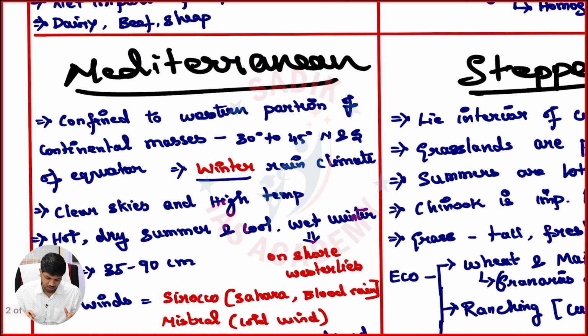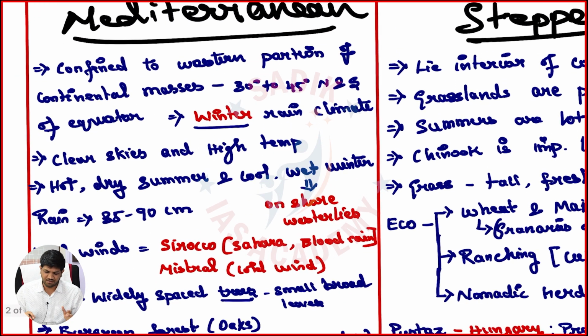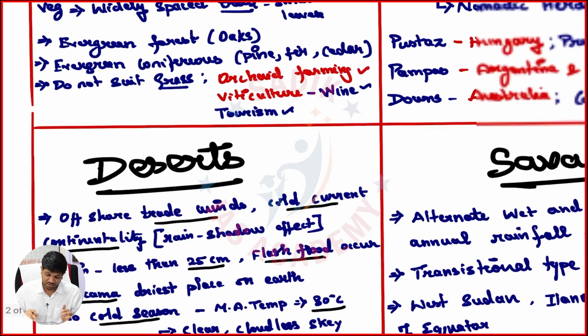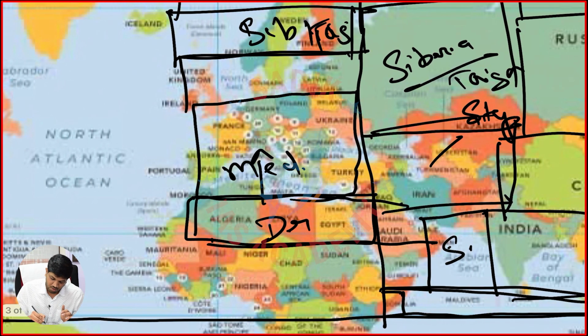Okay, friends. Now, the Mediterranean region is confined to the western portion of the continental masses. It is between 30 degrees to 45 degrees north and south of the equator. It is most important, which is the western portion of 30 to 45 degrees.